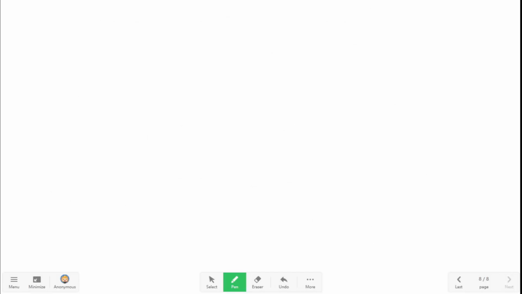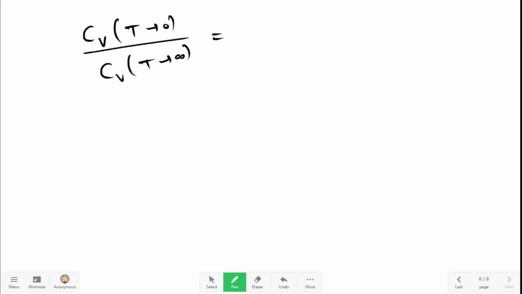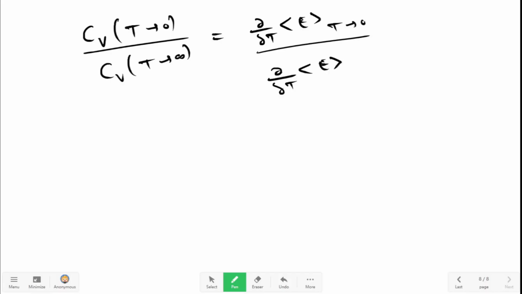Now we need the ratio of CV when T is tending to 0 and CV when T is tending to infinity. This is equal to ∂/∂T of E when T tends to 0 divided by ∂/∂T of E when T is tending to infinity.